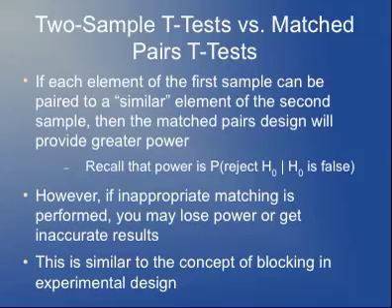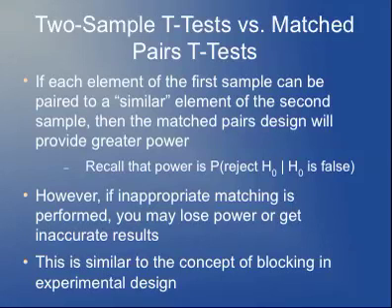And so when would you want to use two-sample t-tests? When would you want to use matched paired t-tests? It's really closely related to the idea of blocking that we discussed in the context of experimental design. The basic idea is that if each element of the first sample can be paired to a similar element of the second sample, then the matched paired design should in principle give you better power than the unmatched design.